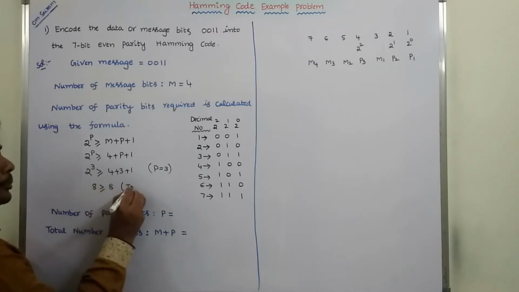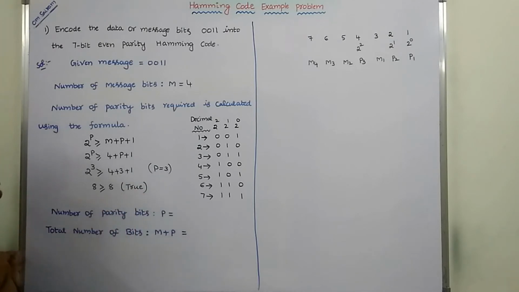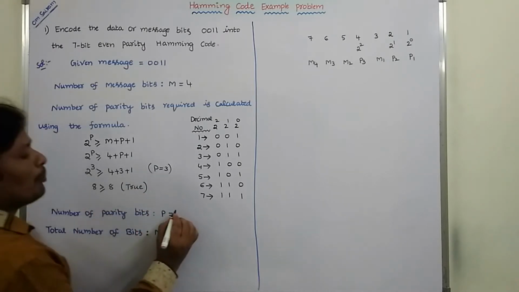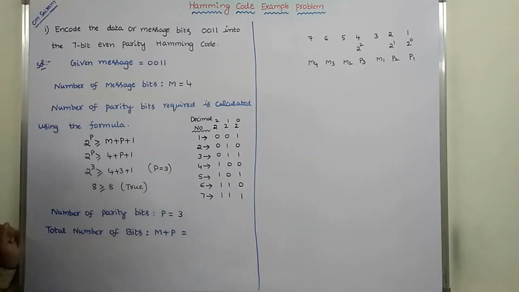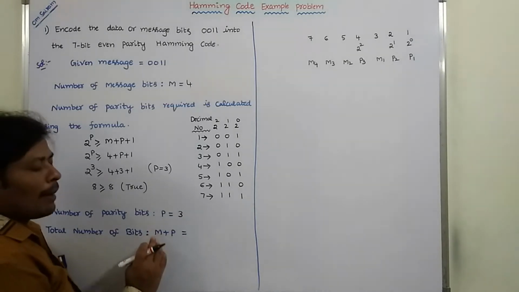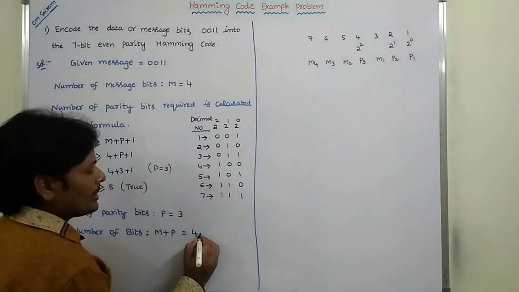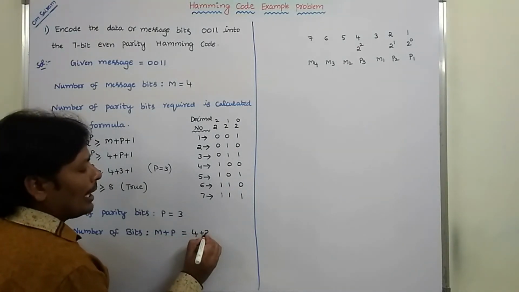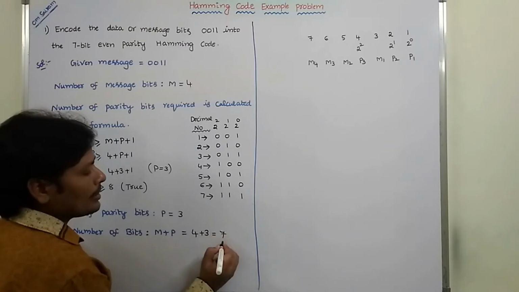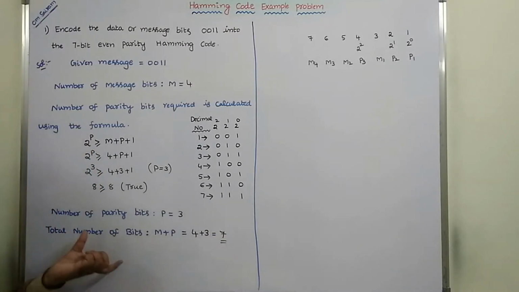That is true. So the number of parity bits p is equal to 3. Total number of bits is equal to the number of message bits plus the number of parity bits, that is message bits 4 and parity bits 3, so the total number of bits is 7.